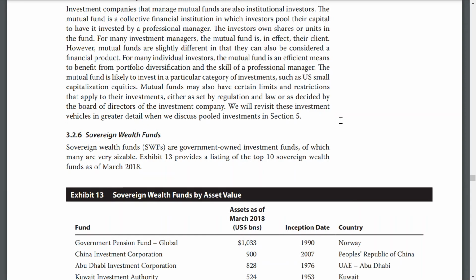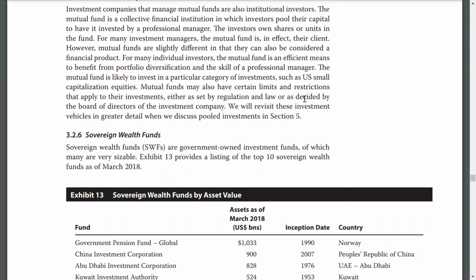For many individual investors, the mutual fund is the most efficient means to benefit from portfolio diversification and the skill of professional managers. The mutual fund is likely to invest in a particular category of investments, such as U.S. small capitalization equity. Mutual funds may also have certain limits and restrictions that apply to their investments, either as set by regulation or law, or as decided by the board of directors of an investment company. We will revisit this investment vehicle in greater detail when we discuss pooled investments in Section 5.